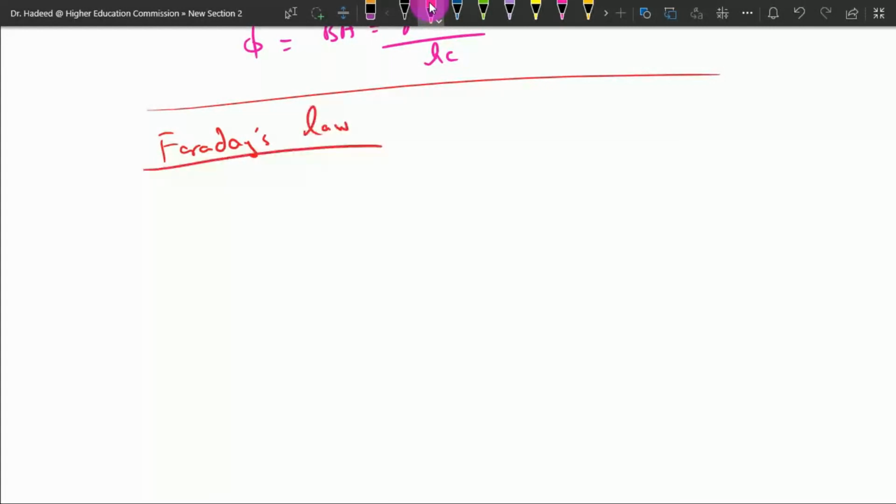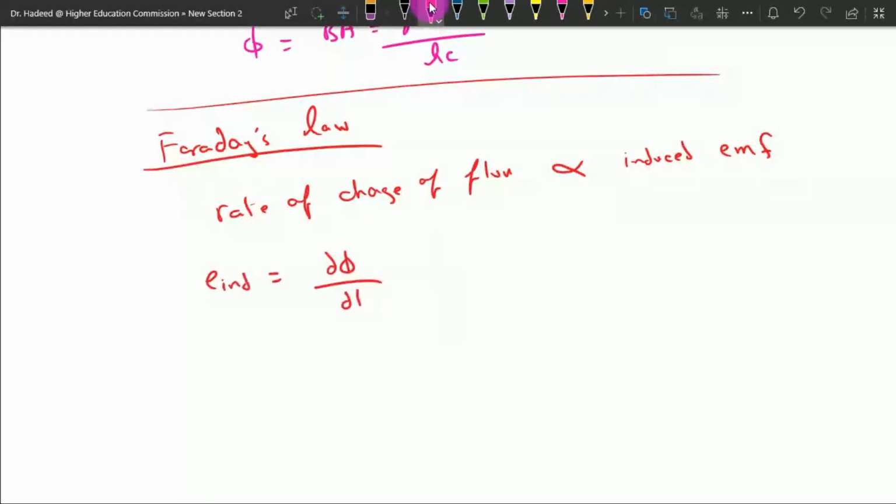Faraday's law states that the rate of change of flux is proportional to the induced EMF. The greater the rate of change of flux, the greater the induced EMF. So E induced is equal to d phi over dt, although there is a negative sign associated here as well, which is because of Lenz's law.